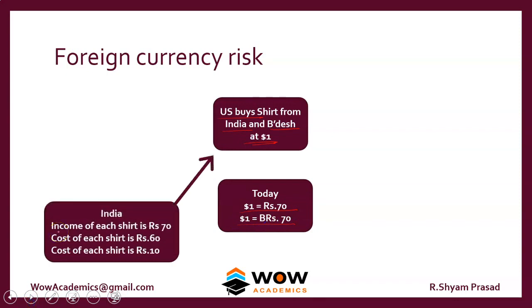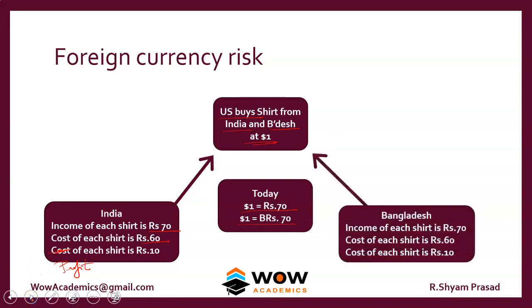So India, for every shirt they sell, as the parity is 70, their each shirt takes a cost of 60 rupees and they incur a profit of 10 rupees per shirt. In the same way, the Bangladesh company also is selling each shirt at $1. So they also get 70 rupees. The cost of manufacturing the shirt is 60 and their profit is 10.